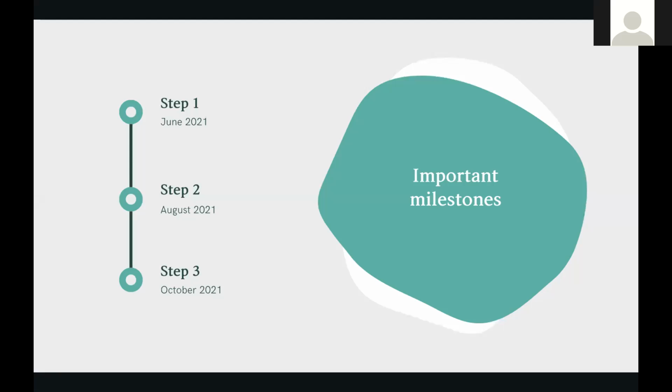So a few important milestones when it comes to realizing that this is something that we want to go ahead with. In June of this year, we had two team members, Molly and Maurice, join our team, and we began working on a solution.